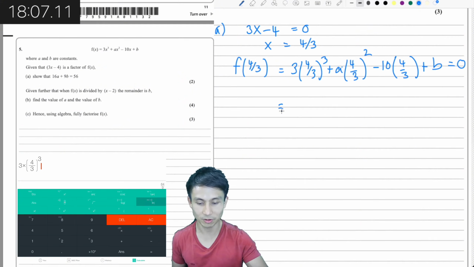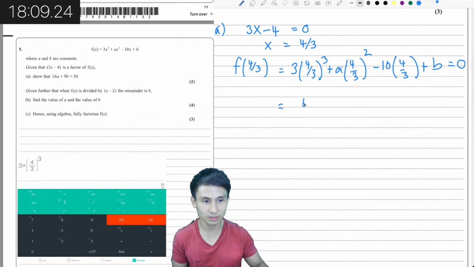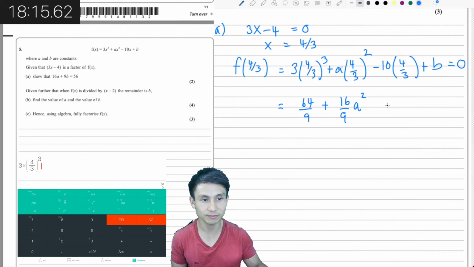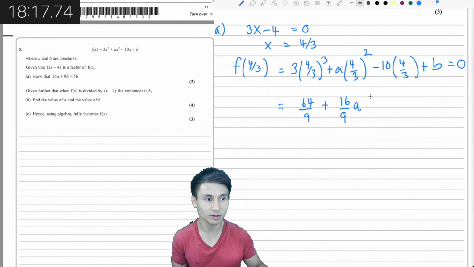So I need to find one by one maybe. So that's 64 over 9 plus, this is 16 over 9 a. I just know that. That's fine. Wait, sorry. This is minus 40 over 3 plus b equals 0.